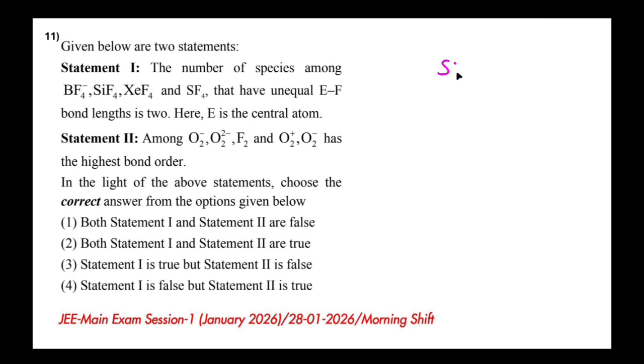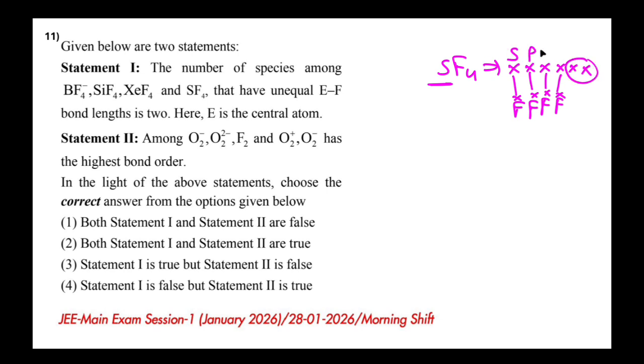Next, the SF4 molecule. In SF4, the central atom is sulfur. Sulfur belongs to the 16th group, so it has 6 valence electrons. It is bonded with 4 fluorine atoms, and 1 lone pair is there.